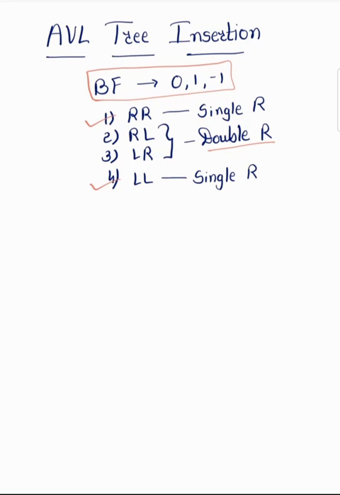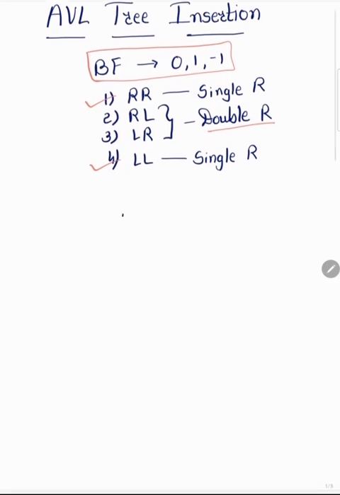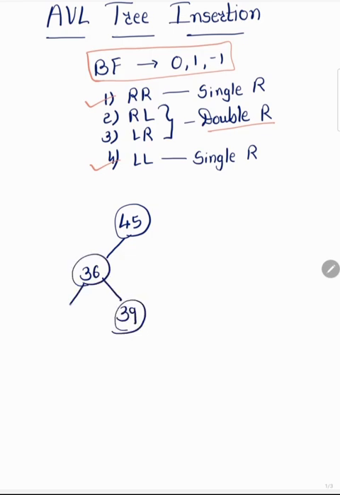Let us say I have 45, I have 36 over here, 39 over here and 27 over here, and I have 63 here, right?